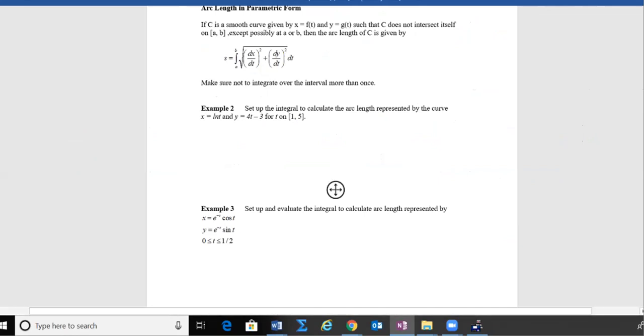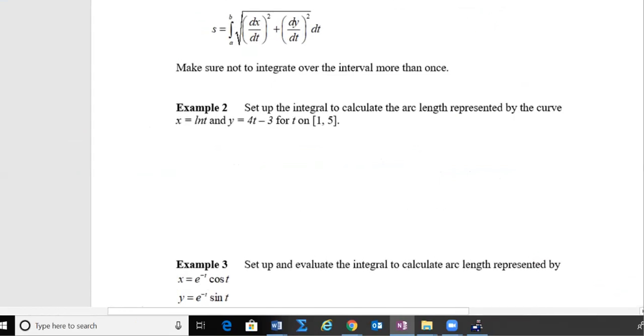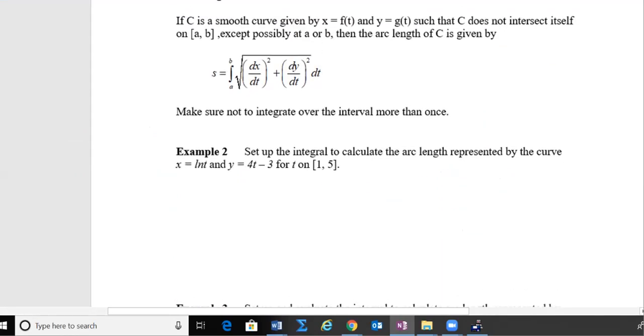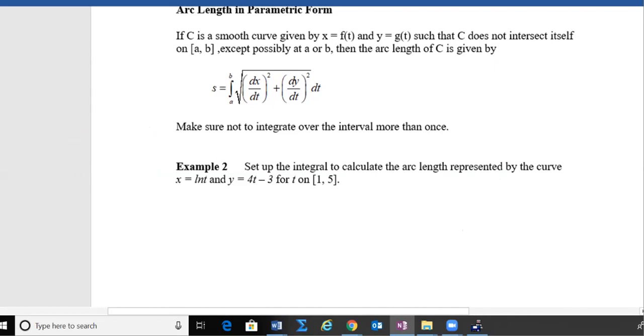Okay, back here. Here's our formula, and we're going to use this one. This is easily gotten from this form here.